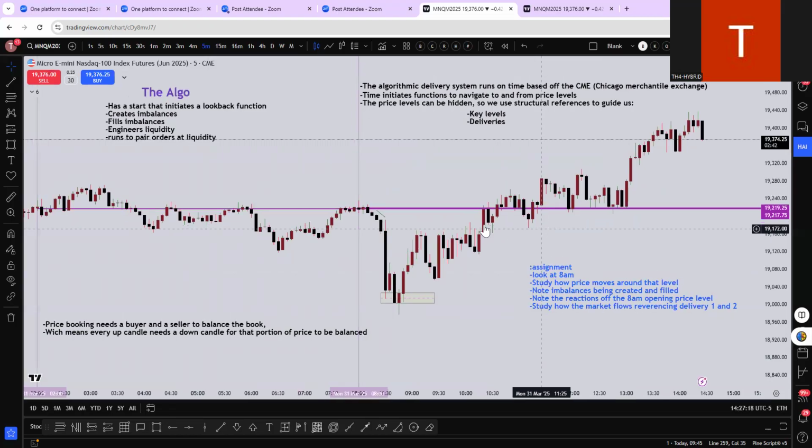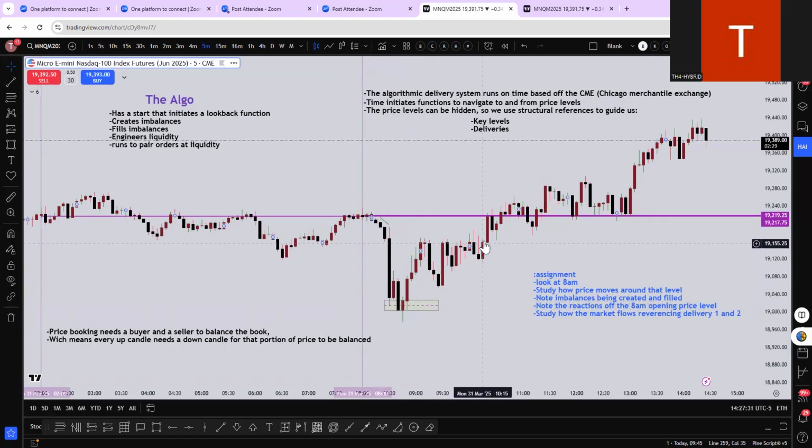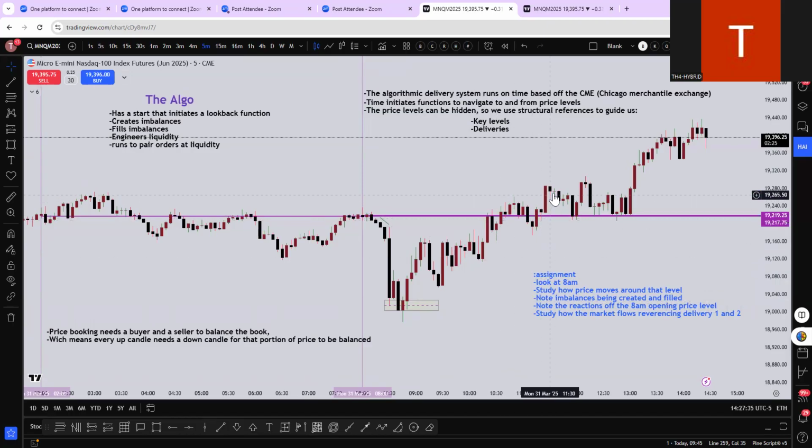So for an assignment, just mark a vertical line at 8 a.m. and a horizontal line at the opening price, and then study how price moves around that level: how we move away from it, how we move back to it, how we can bounce off of it, how we use it as support and resistance.